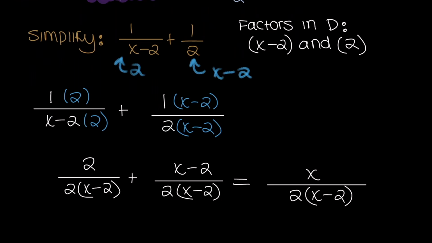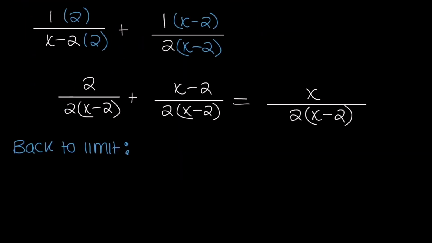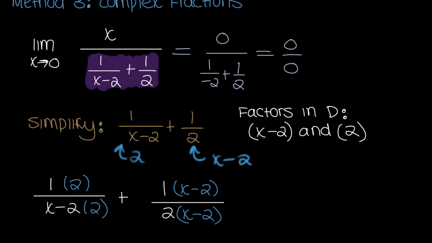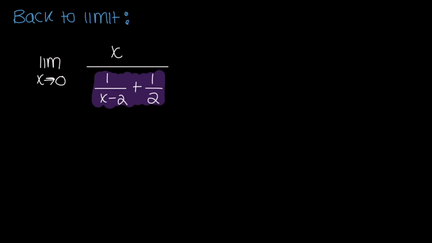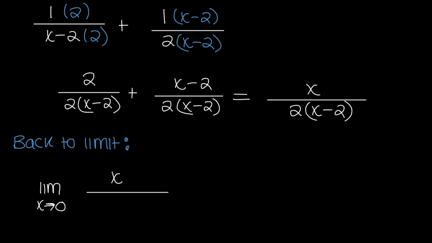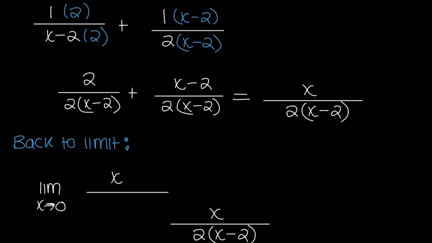And now we can try redoing our limit. So back to our limit. I'm going to copy it from the top, and I'm going to show you what we're going to do. Here's our limit. I paste it here. I get rid of my complex fraction, and I bring in my simplified fraction.